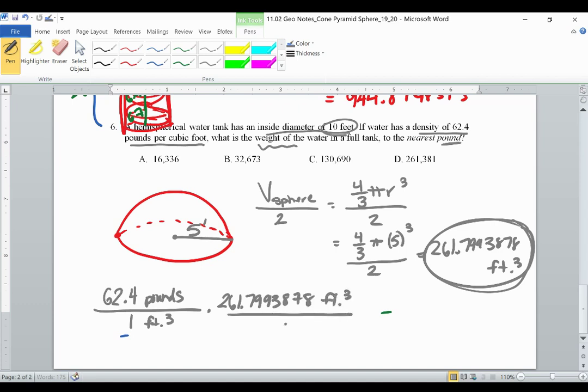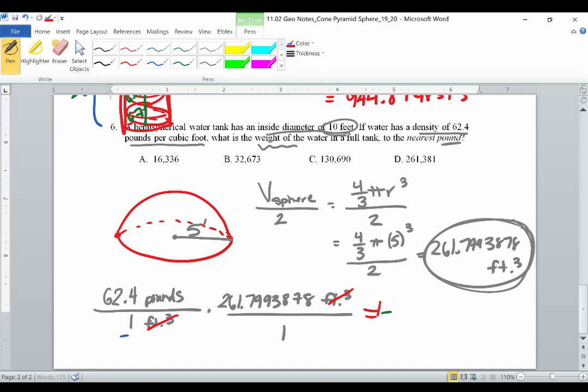So kind of like your dimensional analysis thought process here. And now we'd say, okay, well, these feet cubes cancel. So now I'm just really multiplying 261.7993878 times 62.4. So you're taking the volume of the tank and multiplying it by the density, which will give us our weight in pounds.